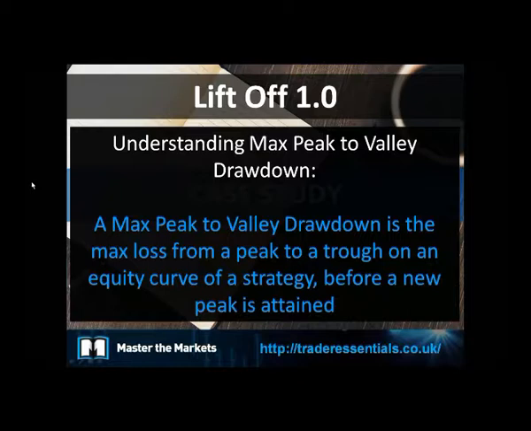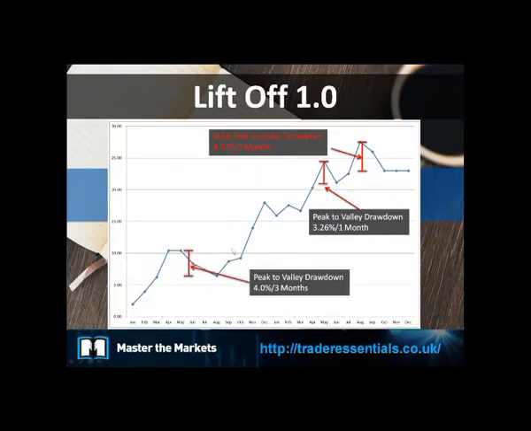And so the max peak to valley drawdown is the maximum loss from a peak to a trough on an equity curve. First of all, most traders that I've come across don't even keep equity curves. And again, it's a good question to ask other traders that you come across. You can ask them to show you an equity curve of their real-time trading results. What I'm showing you here is an equity curve of the real-time trading results for Liftoff 1.0.